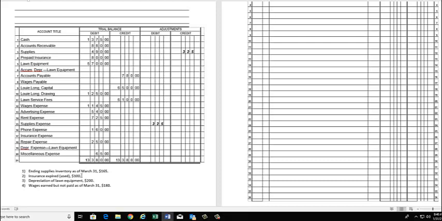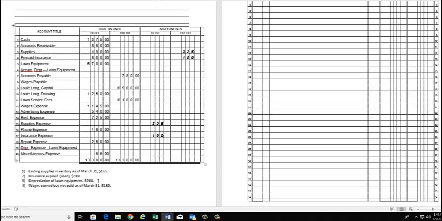And then the second step is make sure I debit the expense account. Since we're dealing with insurance, insurance expense will be my debit. Okay, so I'm going to credit prepaid insurance for the $100 that was used up. That'll leave us with only $700 prepaid. And then we're going to show here that we've used up that insurance by debiting this expense account.